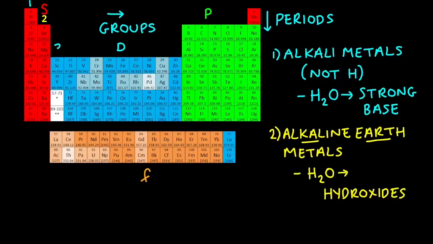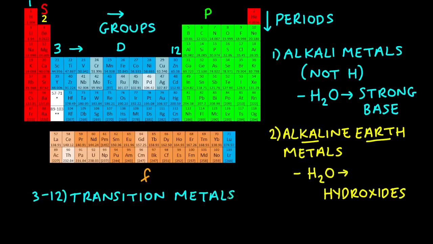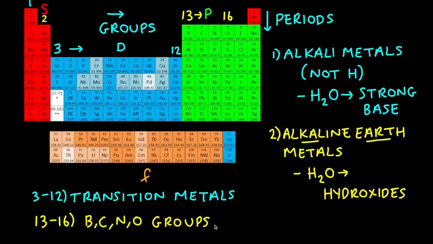And groups 3 to 12 are the transition metals. And from 13 to 16, we have the boron to oxygen groups. So these include the post-transition metals such as aluminium, metalloids such as silicon, and reactive non-metals such as nitrogen.